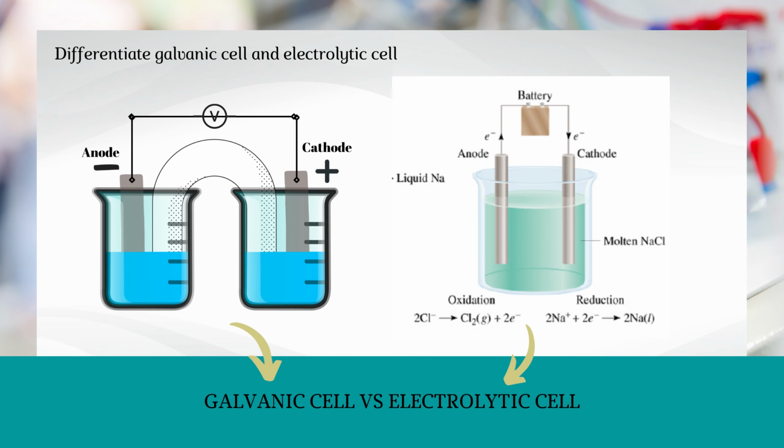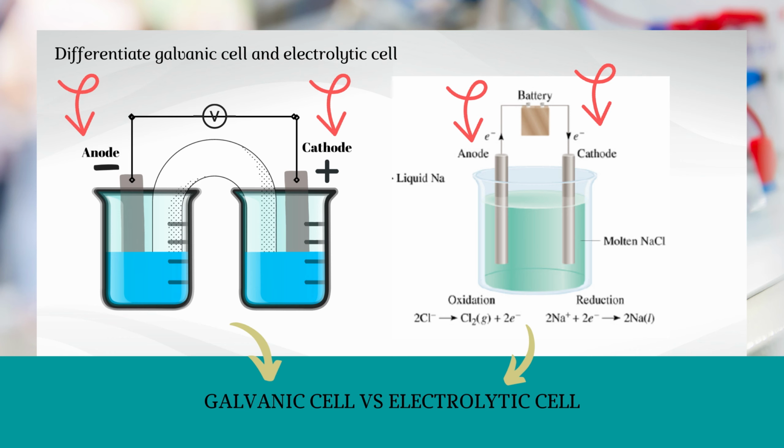There are two types of electrochemical cell. We have a galvanic cell, which we can also call a voltaic cell, and electrolytic cell. Galvanic cell derives its energy from spontaneous redox reaction, while electrolytic cell involves non-spontaneous reaction and thus requires an external electron source like a DC battery or AC power source.